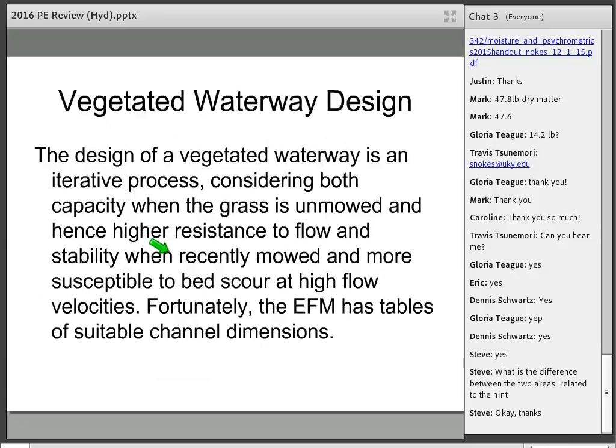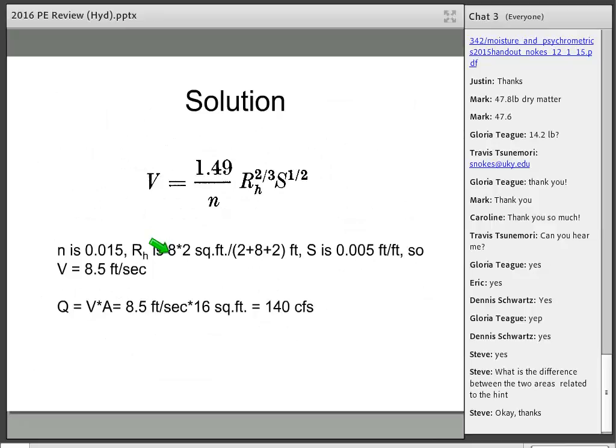But let's go ahead and look at it here. So that's where this comes from. You're adding the base times the depth, and you're dividing by the wetted perimeter. So you end up with calculation there.